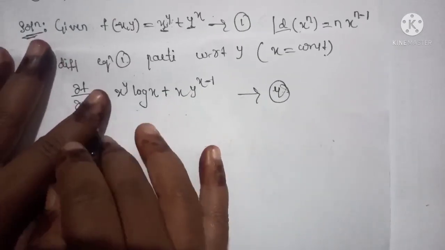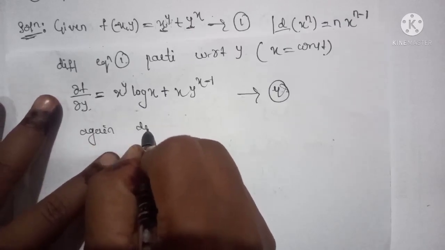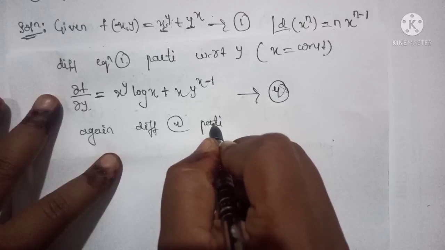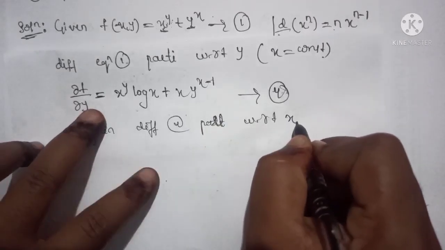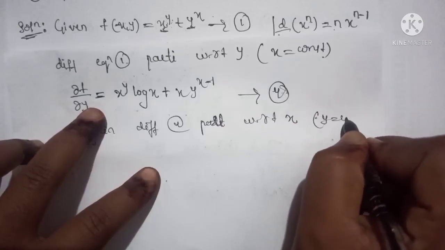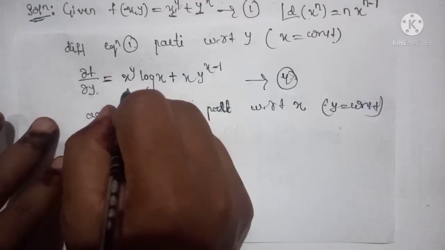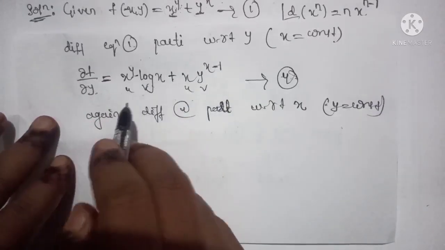Now again we differentiate this partially with respect to x. Here y is constant. Again it is in the uv form, because both terms contain x.